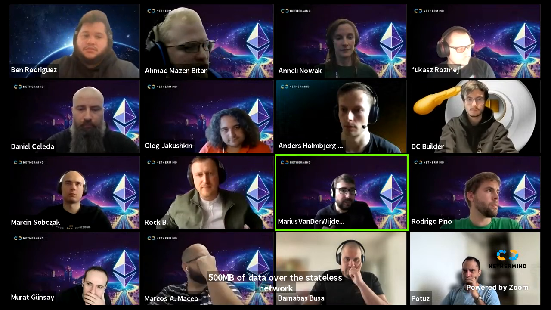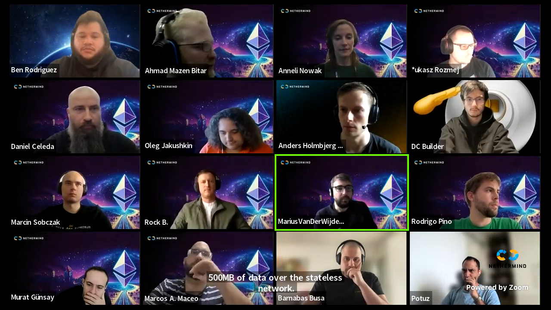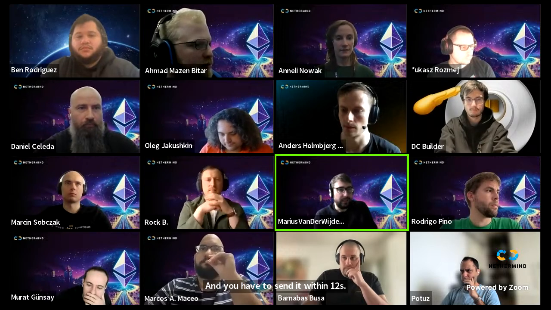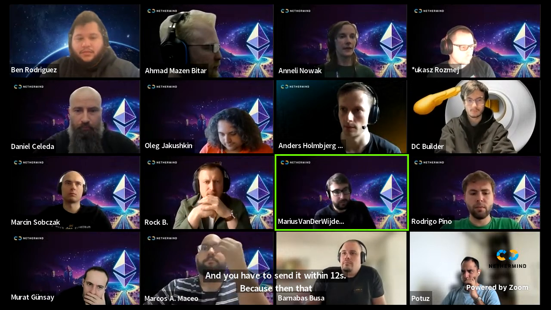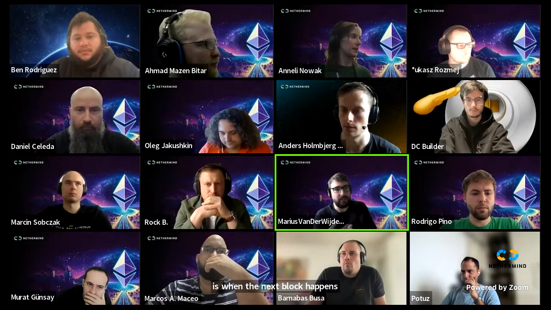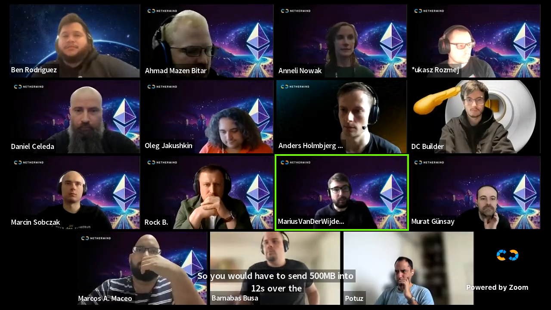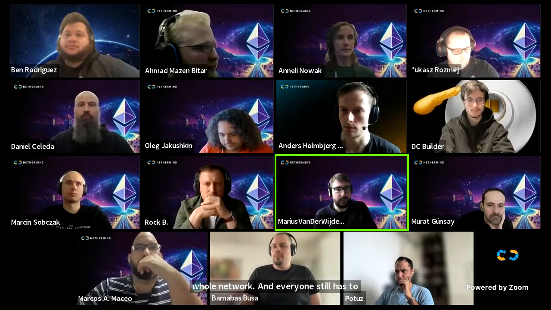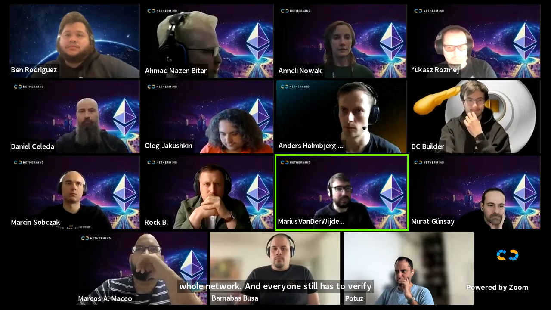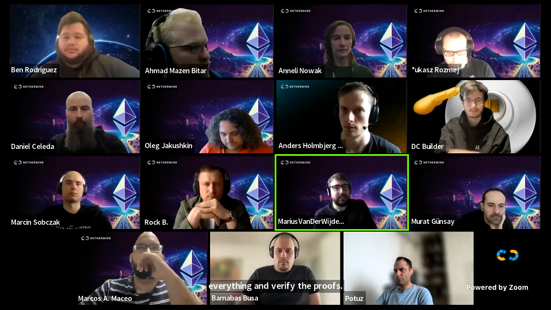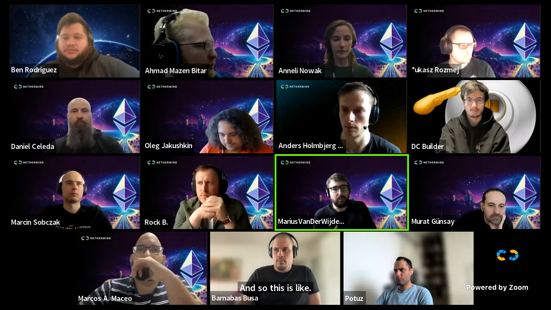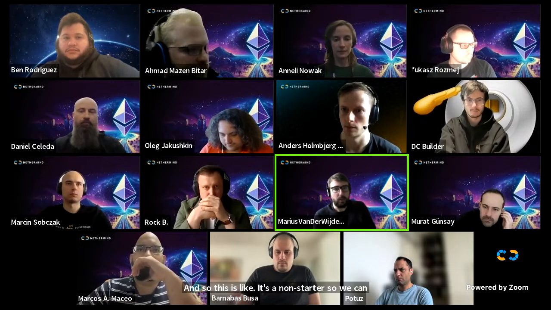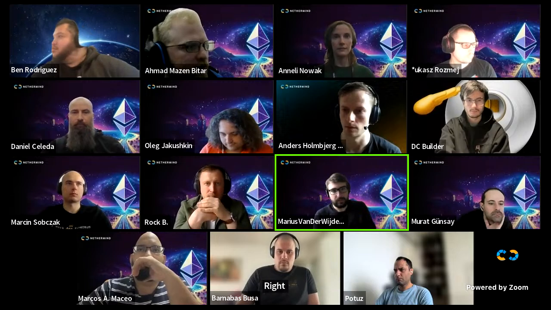And you have to send it within 12 seconds, because then that is when the next block happens. So you would have to send 500 megabytes in 12 seconds over the whole network. And everyone still has to verify everything and verify the proofs. And so this is like, it's a non-starter. So we can only move to a stateless world when we have the self-destruct removed. Right.